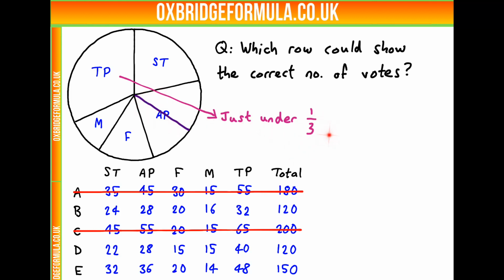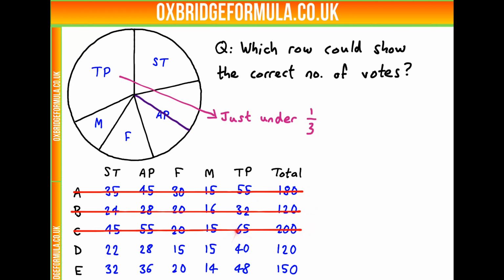But this is a fair assumption for now. So can we get rid of any of these options based on this rule? So we're looking at the theme park votes. Is 32 just under a third of 120? So a third will be 40, and it looks like this is a little bit too small. This is closer to a quarter, and we can see this definitely isn't a quarter of the votes, and so we can get rid of B confidently.